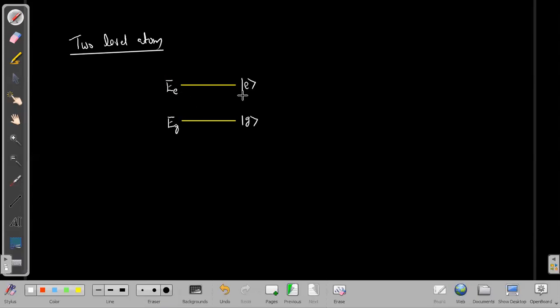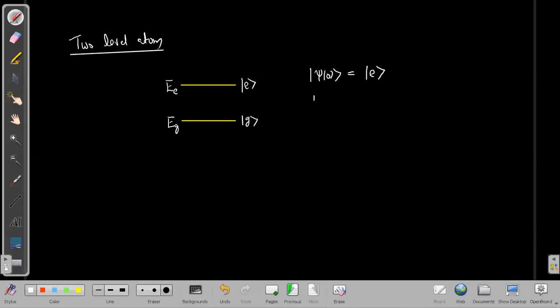Okay, that's good. Now, suppose the state of the system at time 0 is equal to E. So initially assume the atom is in the excited state.